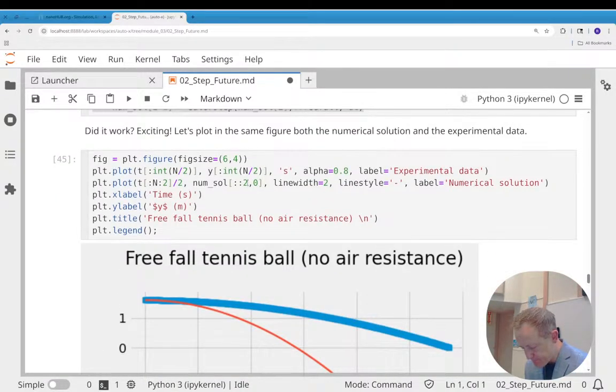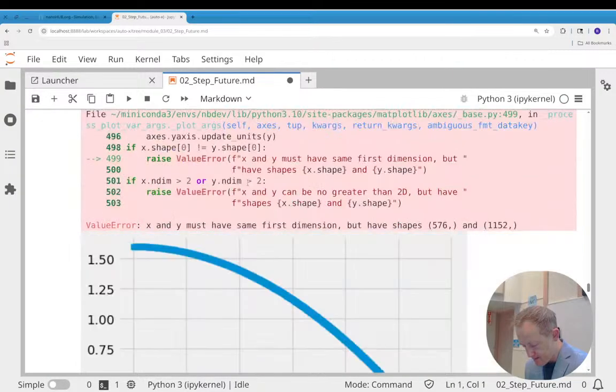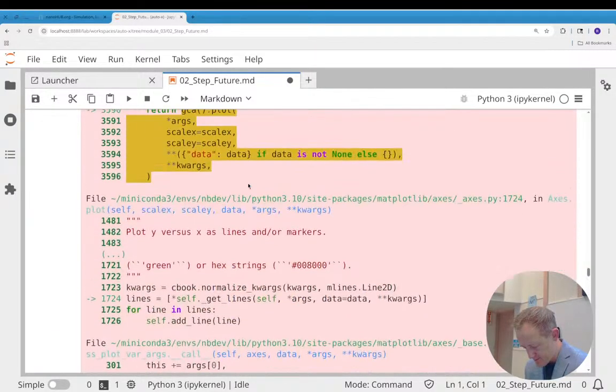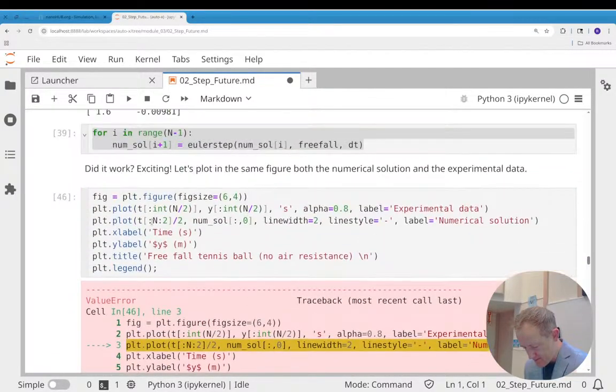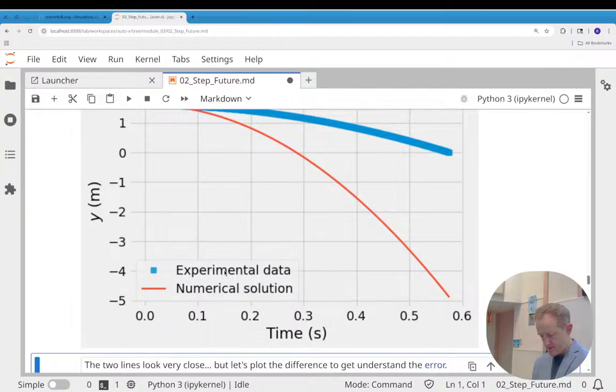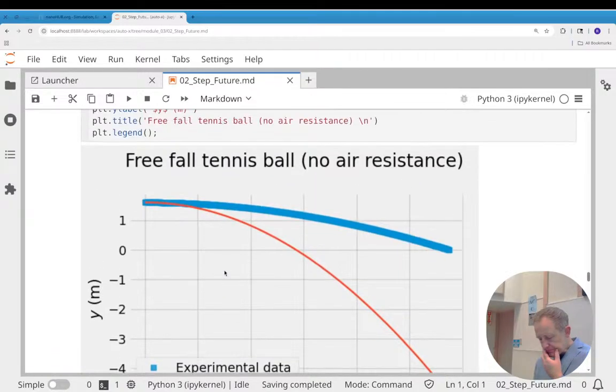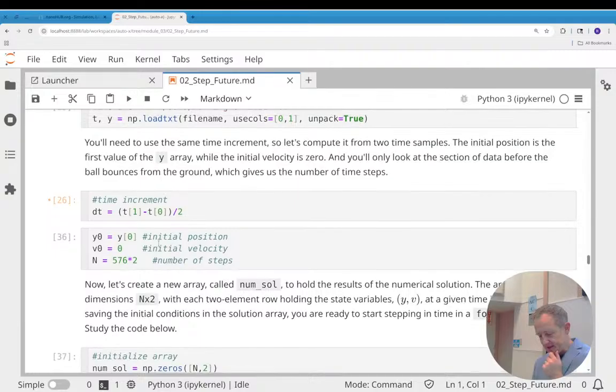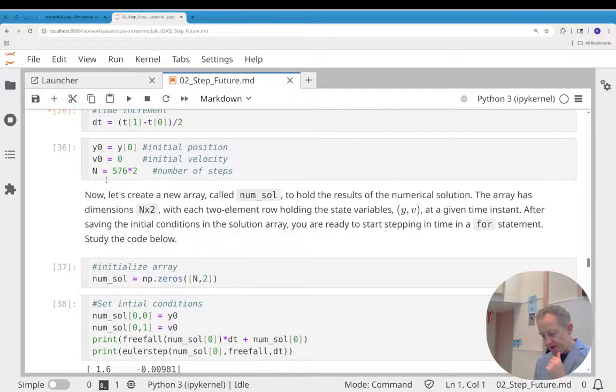What? I'm doing something wrong. What did I do wrong? I tried to take dt divided by 2 to make it half the time step. Then I multiplied the number of steps by 2.